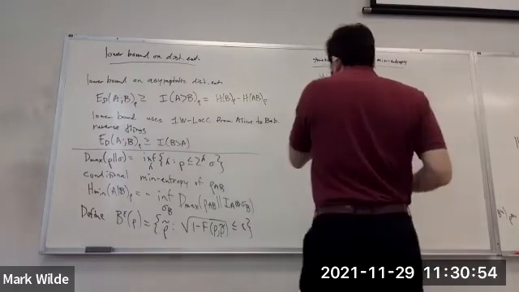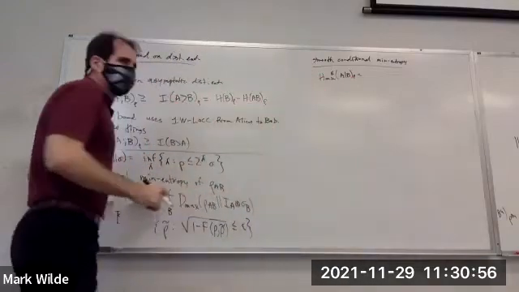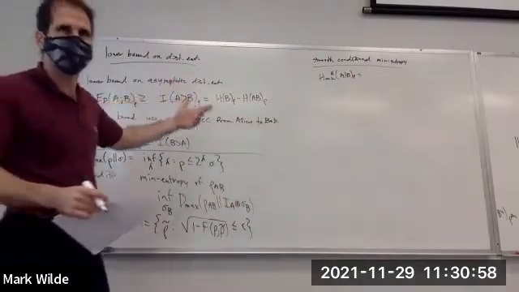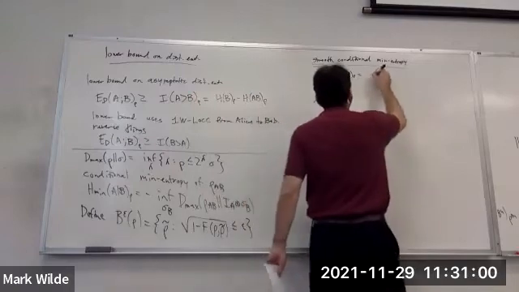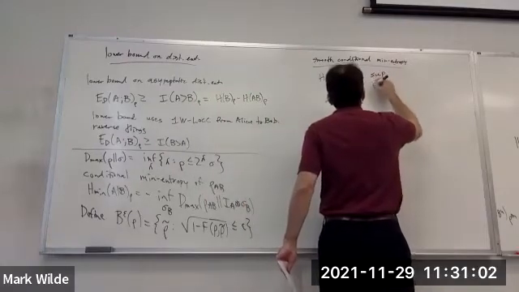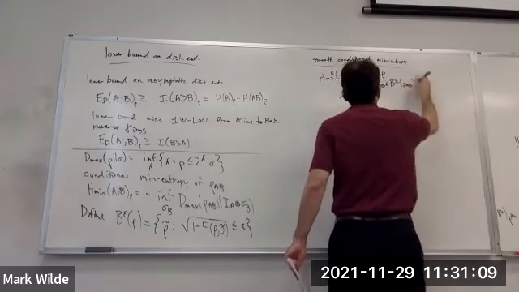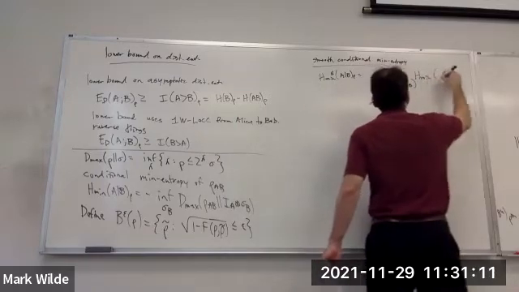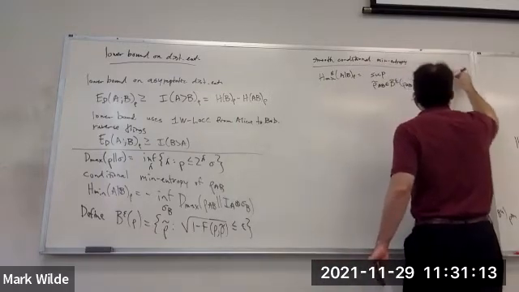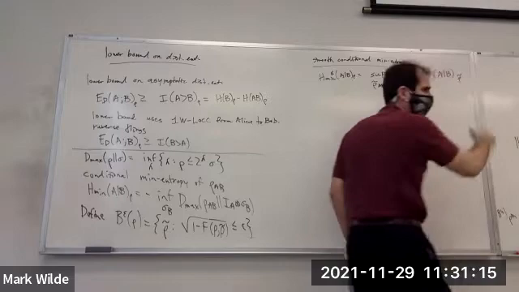You just take the unsmoothed one and you smooth it. So you just optimize over nearby states in the ball, and then calculate the min entropy of the nearby state.